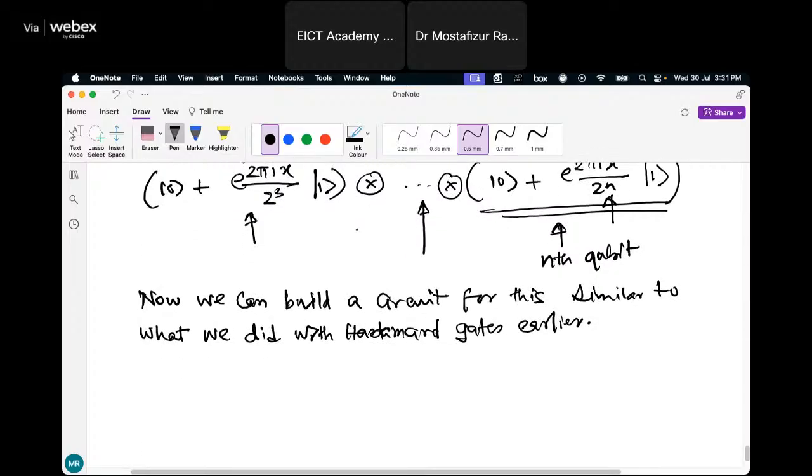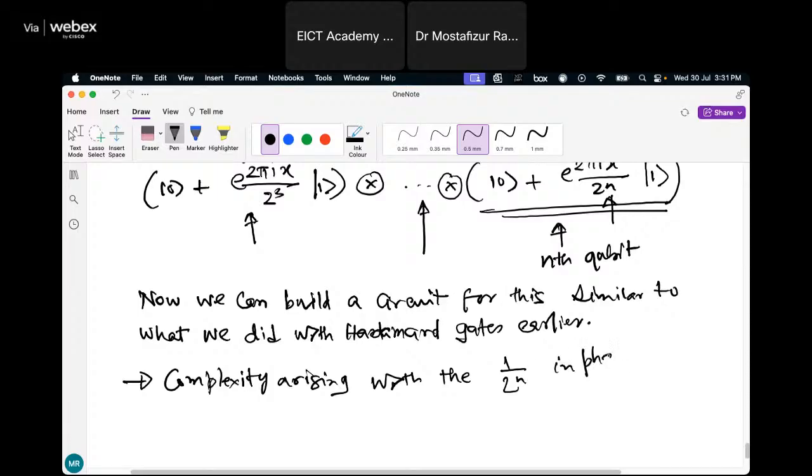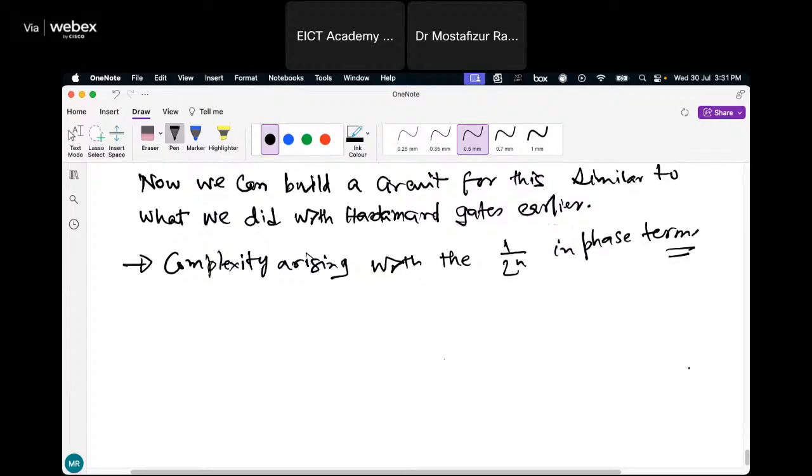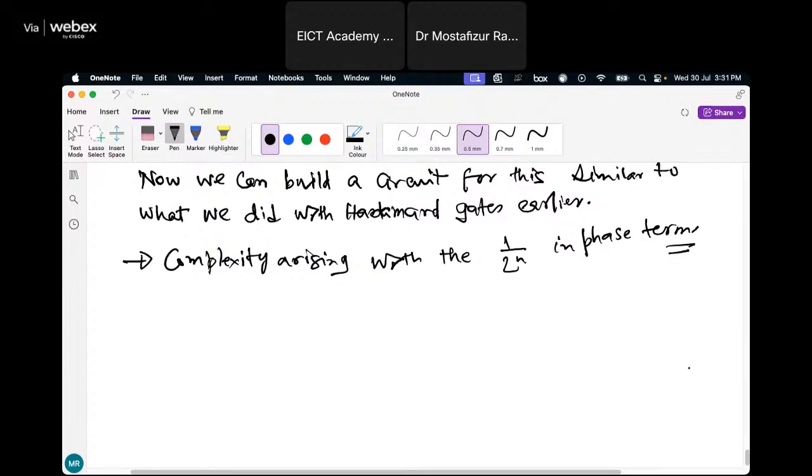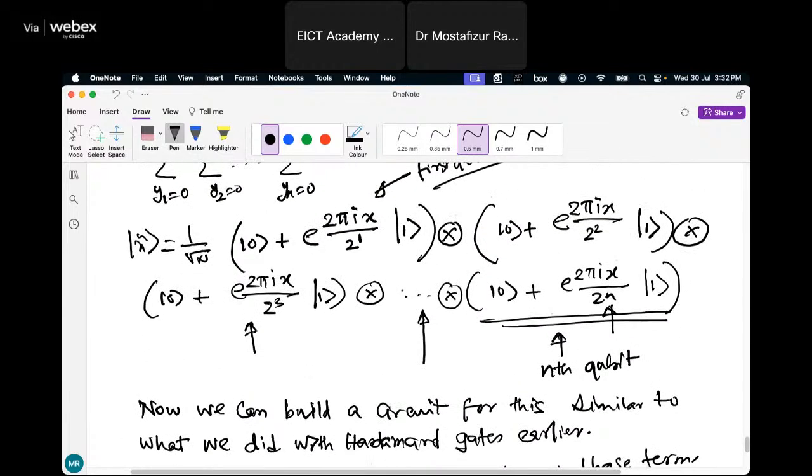So the complexity that is arising is with the 1 by 2 to the power n in the phase term, and that phase is not the same everywhere. So only applying Hadamard won't help you, because only applying Hadamard is not giving you these equations.